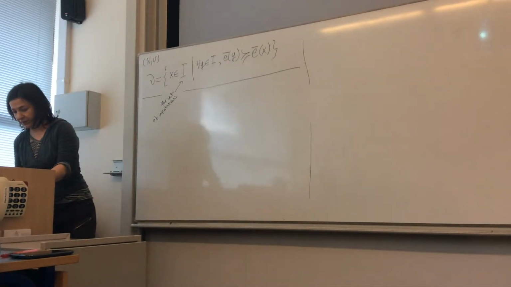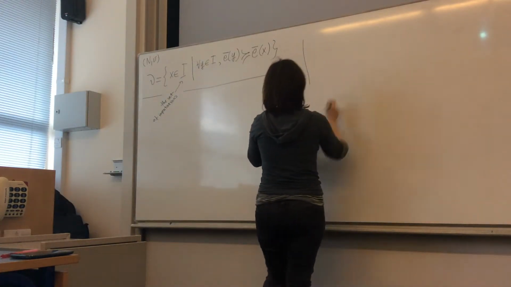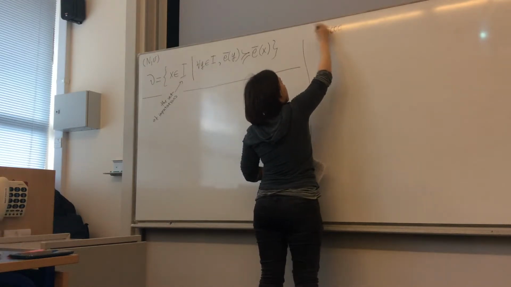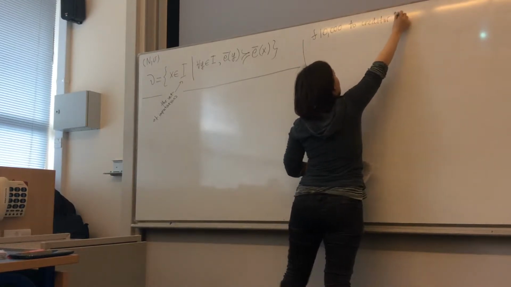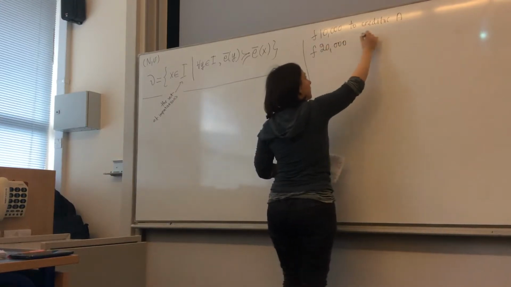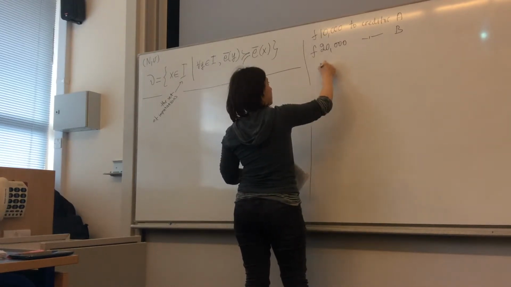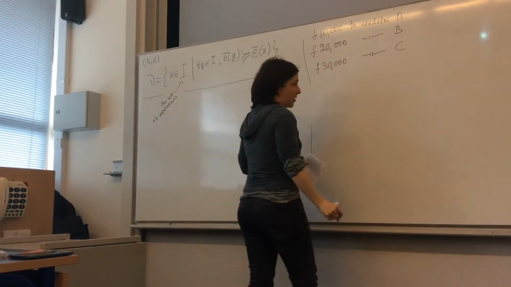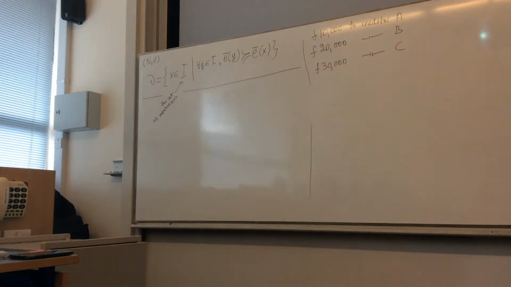It owes £10,000 to creditor A, 20,000 to creditor B, and 30,000 to creditor C. Now it's only left with £36,000 to pay its debts.